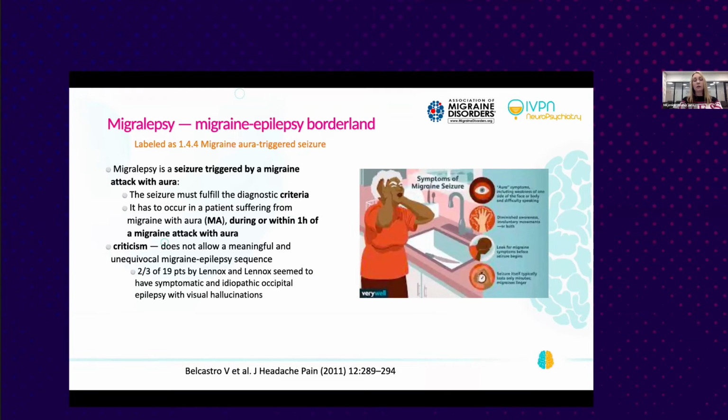And afterwards, this first publication has received some criticism because there was not a meaningful and unequivocal migraine epilepsy sequence. And some of those patients, namely 2/3, seem to have rather symptomatic and idiopathic occipital epilepsy with visual hallucinations. So no migraines at all.